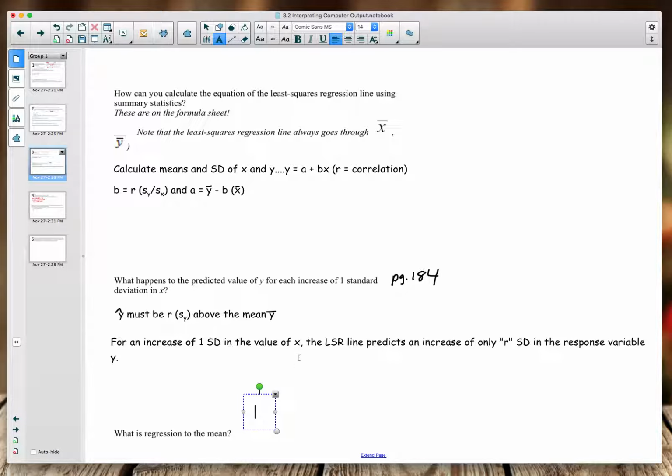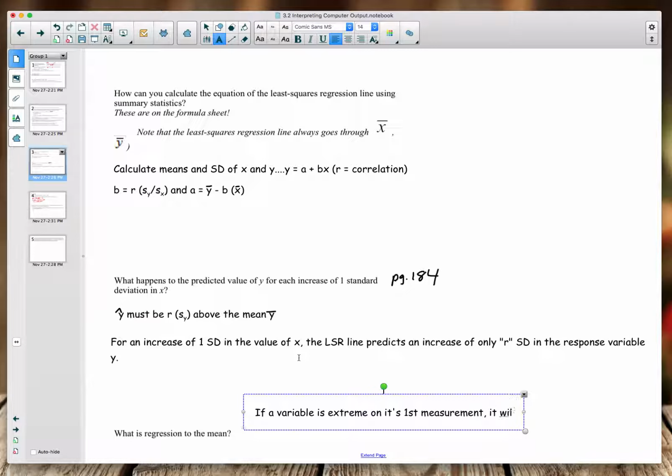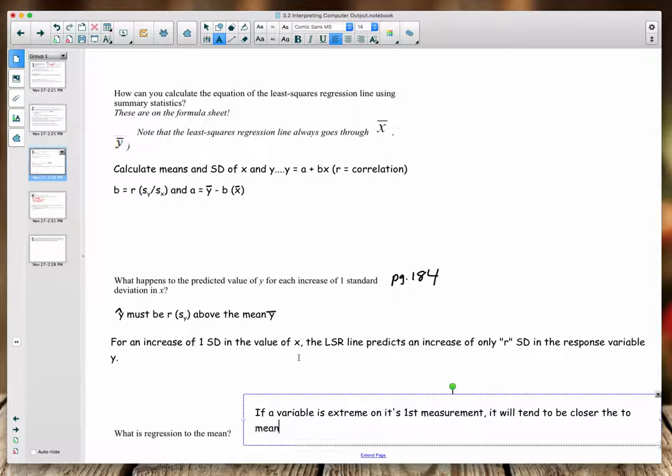So if a variable is extreme on its first measurement, it will tend to be closer to the mean on its second measurement.